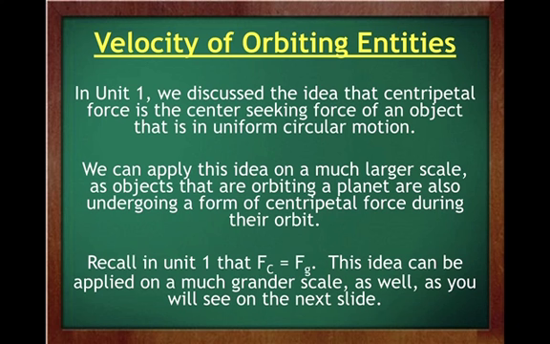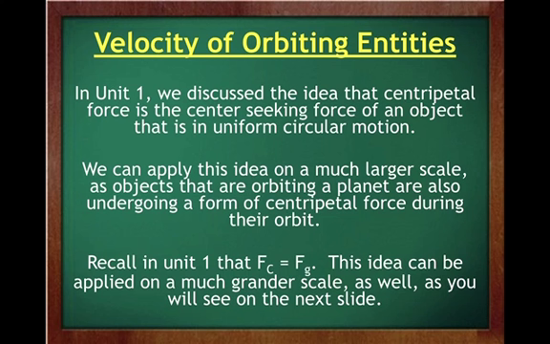So again, in that first unit, in our first chapter, we had talked about centripetal force, which is that center-seeking force that's pulling something into the center of motion, in that idea of uniform circular motion. If we apply this idea to orbital rotations of planets, yes, we know we talked about them being an ellipse, but they are slightly elliptical, and we can still use the idea of circular motion for this concept, okay?